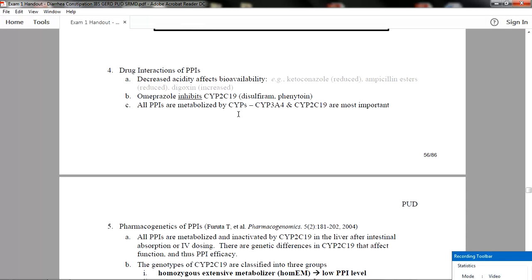They're activated by the protons, but completely separate from that, once they reach the bloodstream, they can be destroyed or metabolized in the liver, and that's one way of deactivating or removing them from the body. So that's a very separate event from what happens in the stomach.